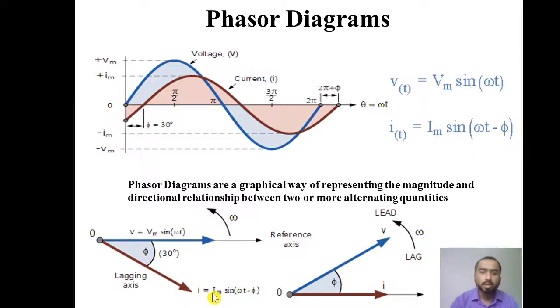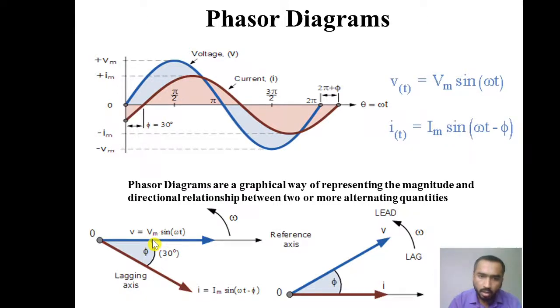Now see, if current leads, then we show it in the upper direction, but in this condition current lags, so we show this current in the downward direction.